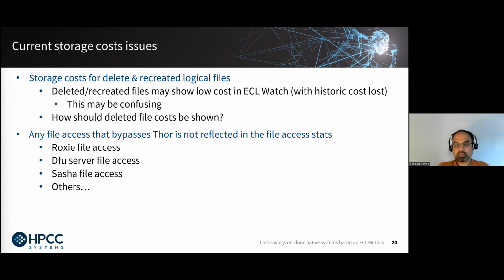So it could appear that the entire access has been from one work unit. So it can cause confusion whilst troubleshooting. So this is something to be aware of. There is a case for showing historic costs, and there will be some work done in this area.